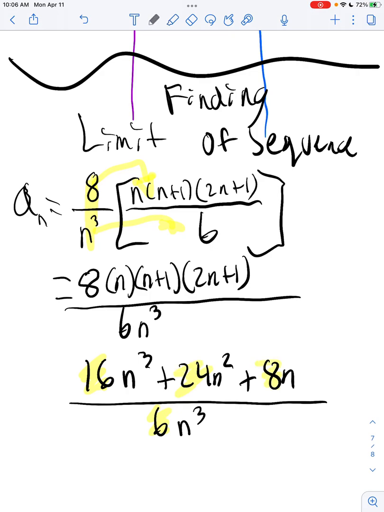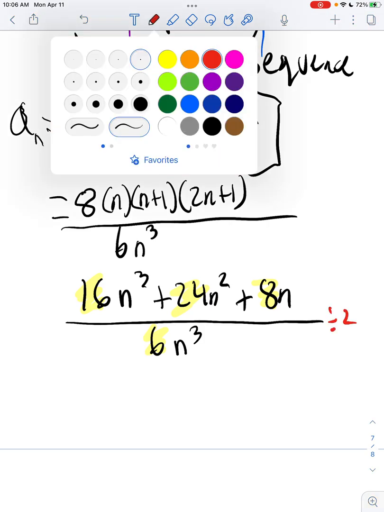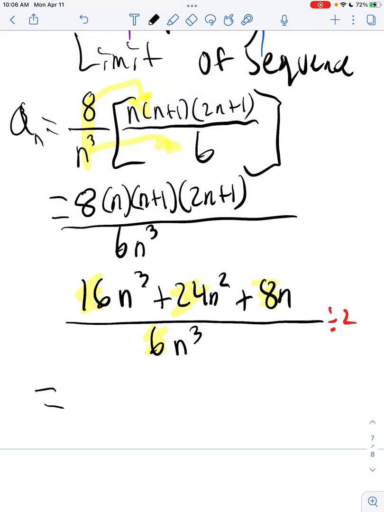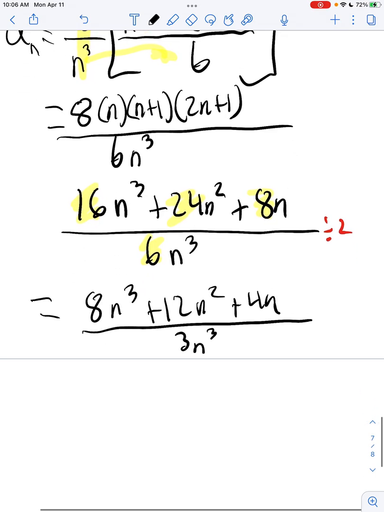I notice that my coefficients all have a 2 in common, so I'm going to divide out a 2 from each of these. So I get 8n to the third plus 12n squared plus 4n all over 3n to the third.